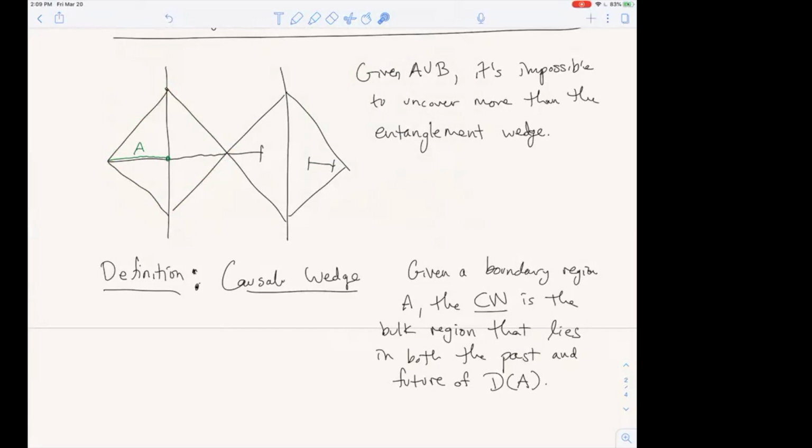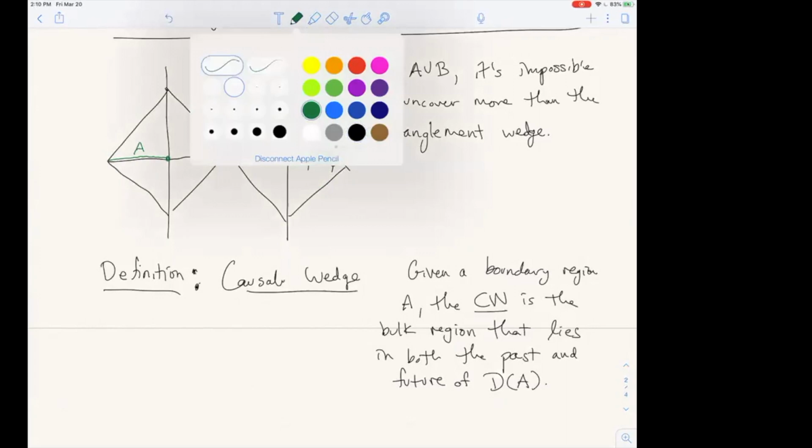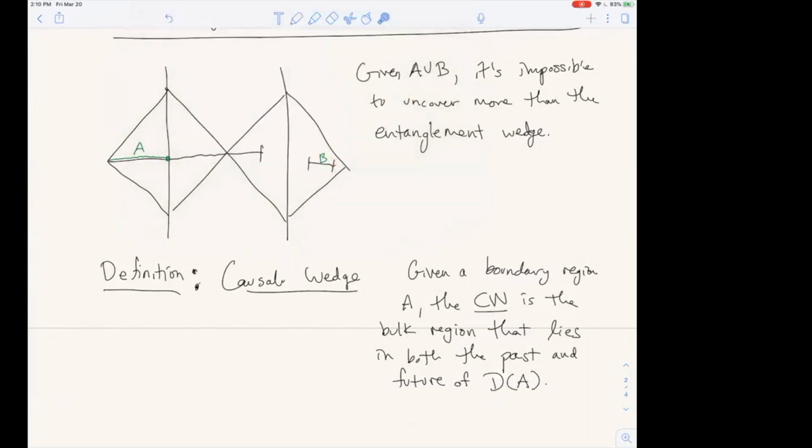And the causal wedge of B is just the domain of dependence of B in the boundary theory. This is a funny aspect of these two-dimensional models, that they don't really have a non-trivial causal wedge. Okay, does that definition make sense?